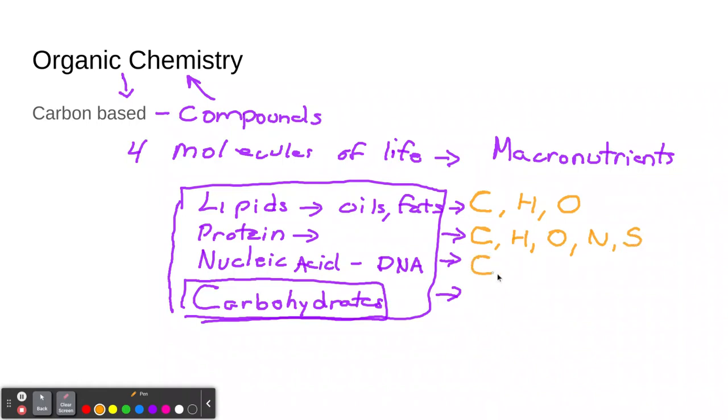Nucleic acid has carbon, hydrogen, oxygen. It also has nitrogen, and it has phosphorus. And then our carbohydrates, which we're talking about today, they also have carbon, hydrogen, and oxygen. So you can see carbon is in all of those. And we're going to be talking about carbohydrates, and let's get right to it.